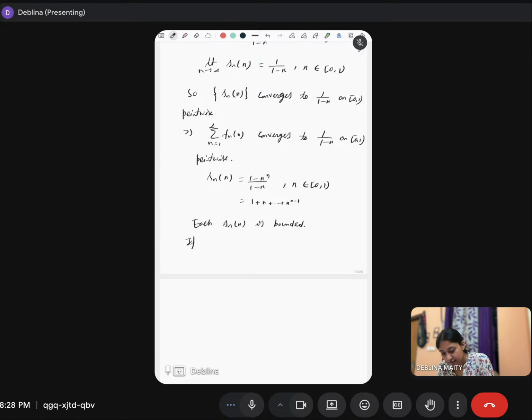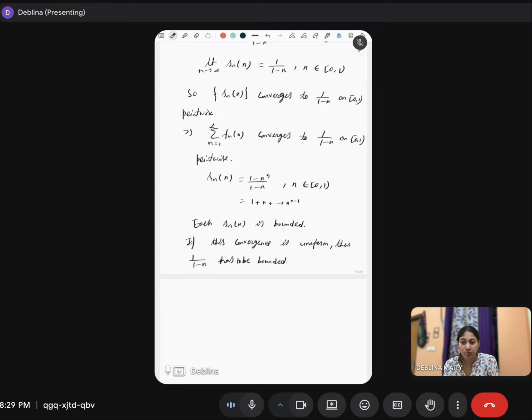So if this convergence is uniform, then the limit function 1 by 1 minus x has to be bounded, right?